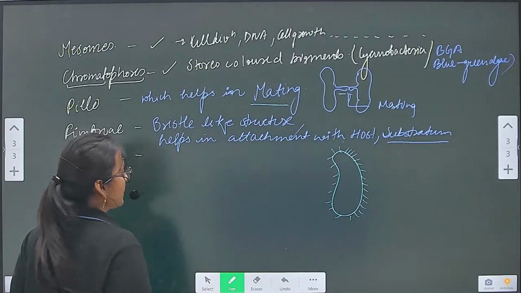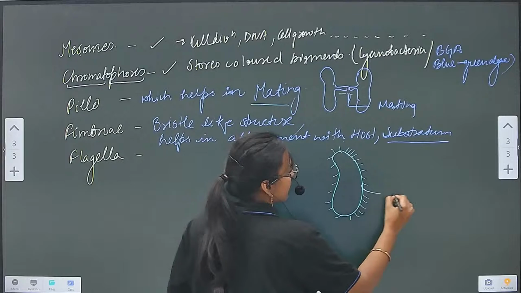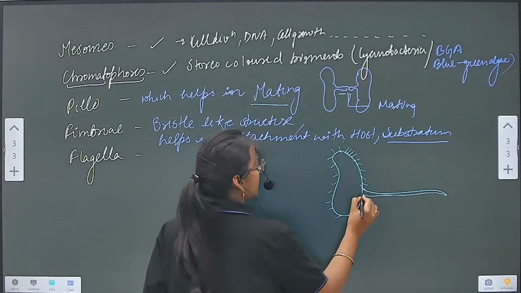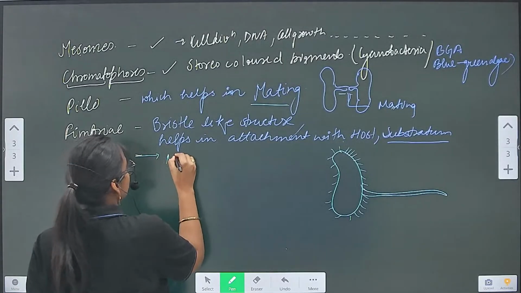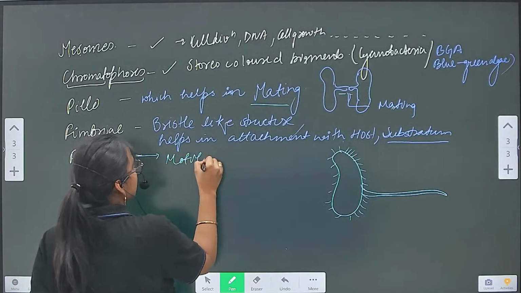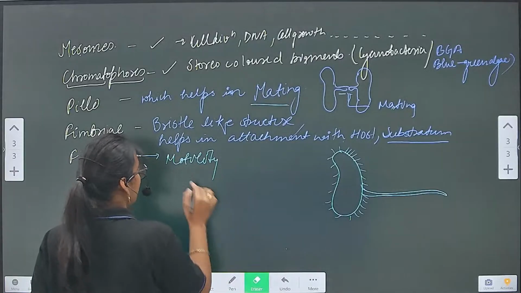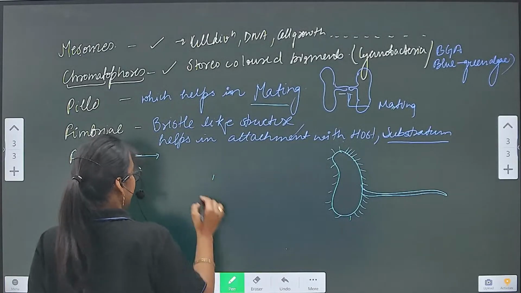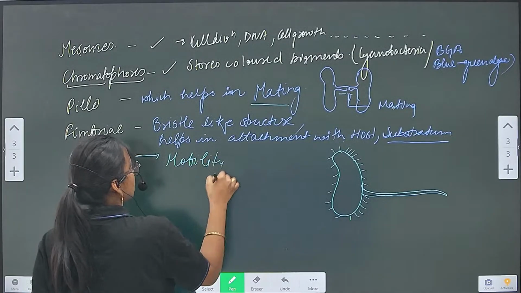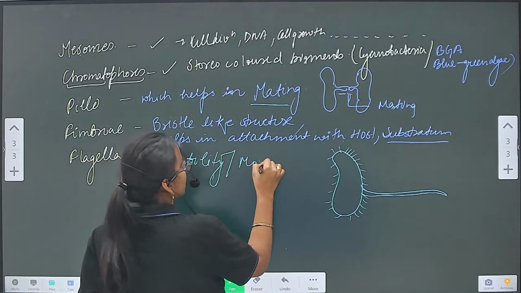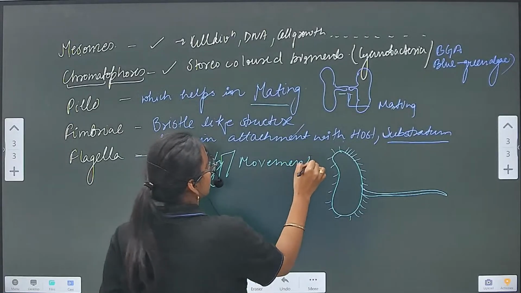Then next is flagella. Flagella is the elongated structure made up of plasma membrane extensions only, which has a role in simply motility, that is movement of the bacterial cell. Motility or the movement of the bacterial cell.